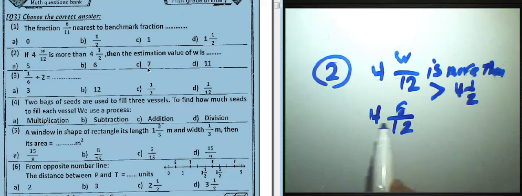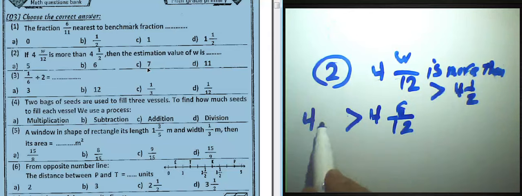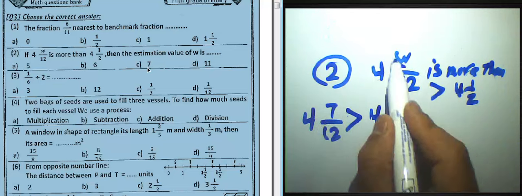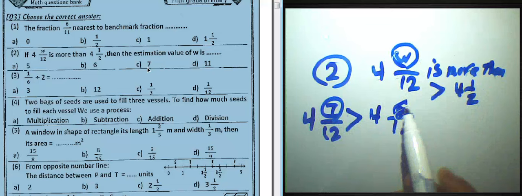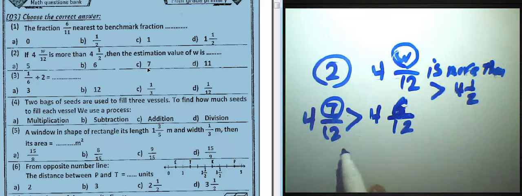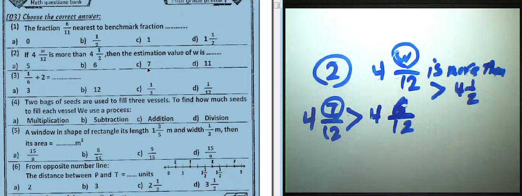So you must write a number greater than 6. It will be 7. So W will be 7 because half equals 6 over 12, and 7 over 12 is greater than 6 over 12. So you must write 7 because he tells us this number is more than 4.5.